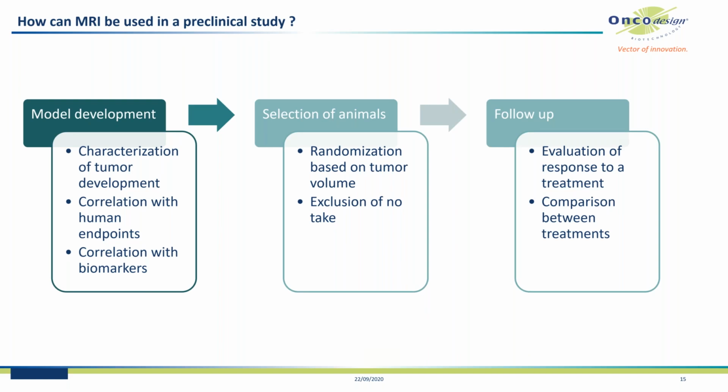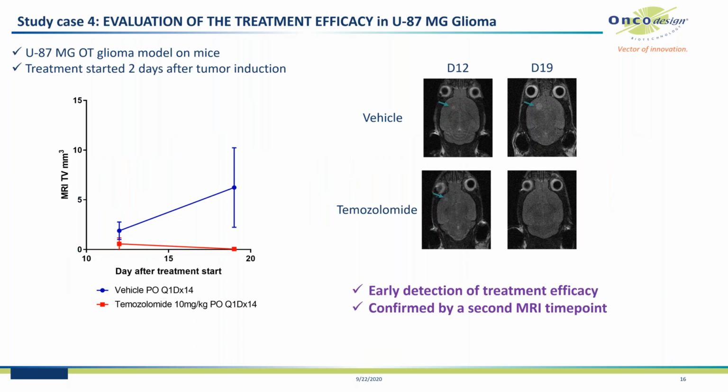But you can use MRI in the follow-up of the treatments, and you can evaluate the response to a treatment and compare between different treatments. In this example, it was not possible to randomize on MRI because the treatment started 2 days after tumor induction, so it's really too early to evaluate the size of the tumor.